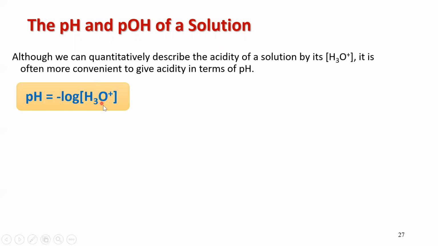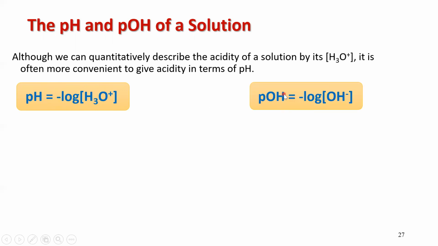So how do we relate concentration and pH? Here's our equation. pH is calculated by taking the negative log of the hydronium ion concentration. So if you're given the hydronium ion concentration and asked to figure out the pH, negative log hydronium gives you pH.